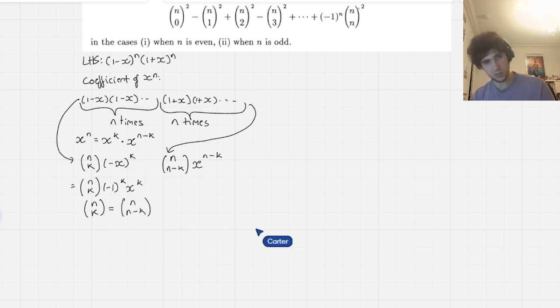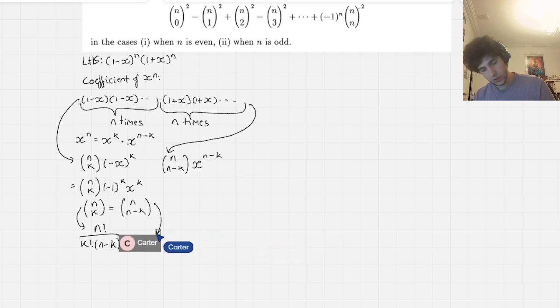And the reason for that is because by considering the definition of n choose k, it's just n factorial over k factorial times n minus k factorial. What about n choose n minus k though, right? Well, that's going to be n factorial over n minus k factorial multiplied by n minus k, which is just k factorial.